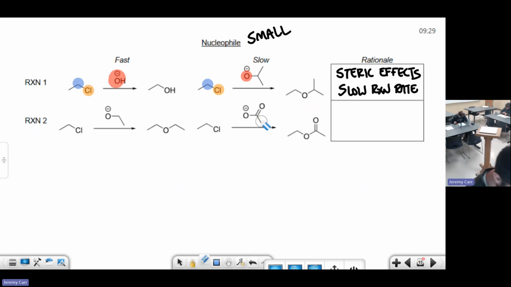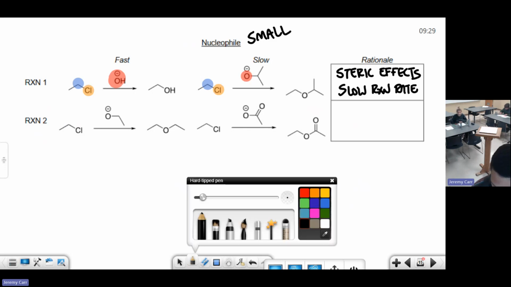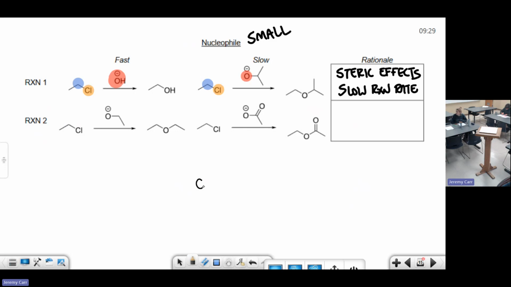And you say, well, why is that such a big problem? Well, anytime you have a pi bond that's next to an oxygen or next to an atom that has a negative charge on it, kind of think about this here for a second. We can draw multiple resonance structures for this, right? So we can actually draw out a resonance structure that looks like this. These are the same molecule.